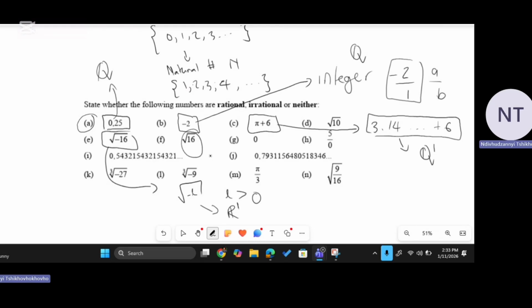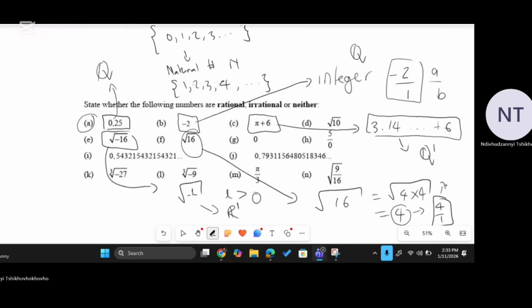The rest you'll try and do on your own, but lastly, we have the square root of 16, which is made up of the square root of 4 times 4, which is 4. So this is an integer, and you can write it in the form of 4 over 1. So this falls under rational numbers. Do the rest of the examples and see how it goes. Bye.